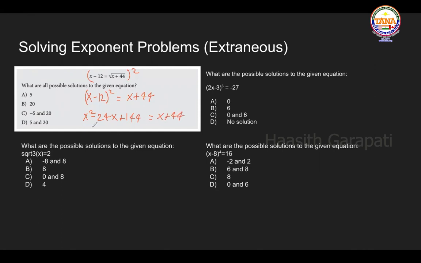Then we can simply simplify and get x squared minus 25x minus 44... yeah, plus 100 is equal to 0.